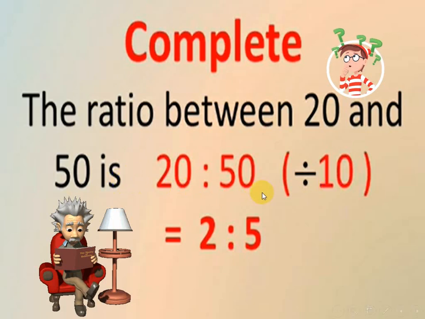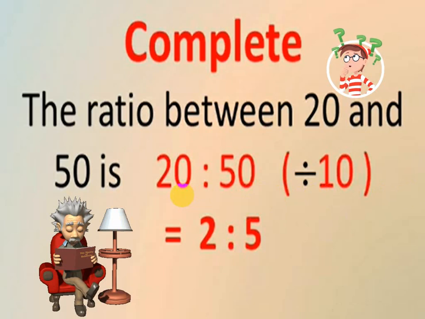20 and 50 aren't in the simplest form. Excellent. So 20 and 50 are divisible by 2, yes, divisible by 5, divisible by 10. What will we choose now? I think 10, yes, because it's the largest number between them. The largest common factor between them is 10.